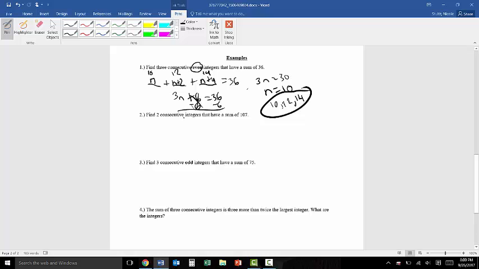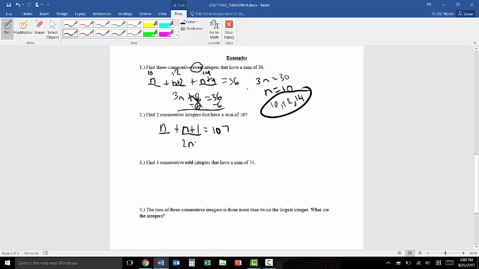Number 2 does not say even or odd, it just says find 2 consecutives that make 107. So I'm going to just have 2 blanks that add up to 107. Your first number will be n as always, and this time we count by ones because it does not say even or odd.